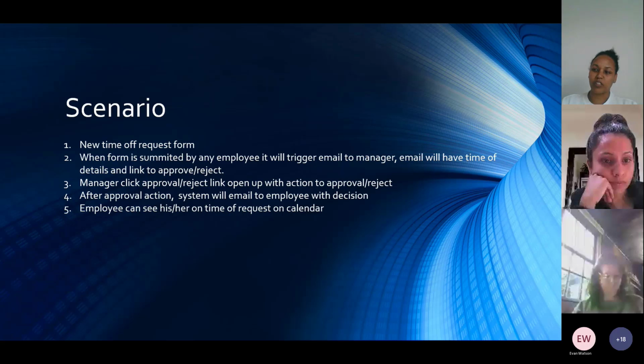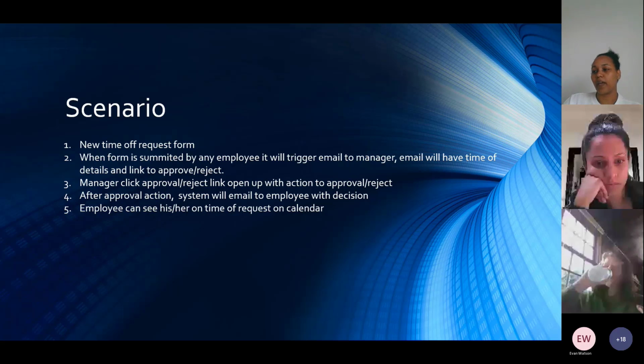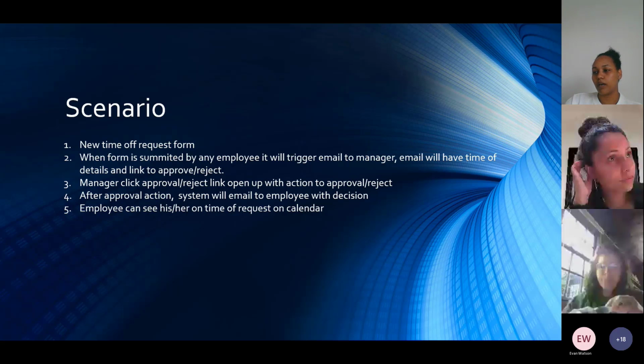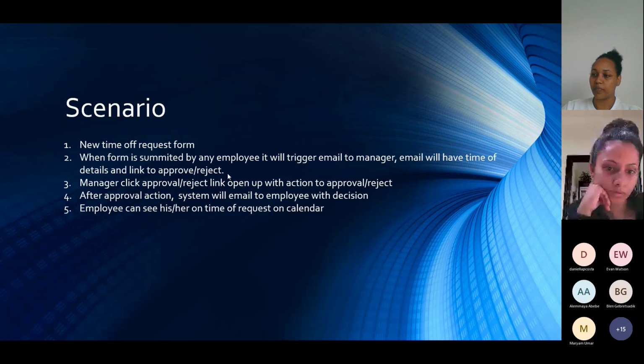When the manager clicks reject or approve, that triggers an action. If it's approved, an email goes to the employee. If it's rejected, a notification goes to the employee. And if it's approved, it goes to the calendar too.